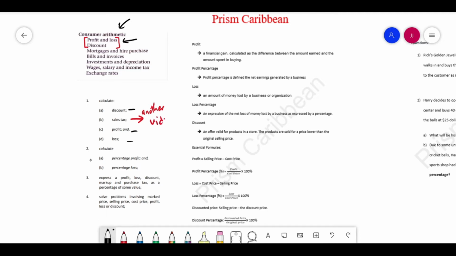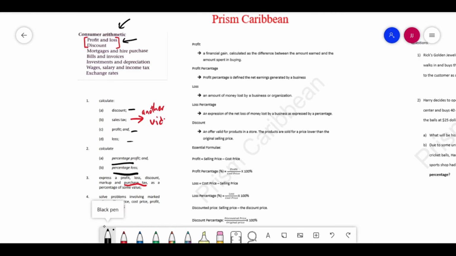Also, you will need to calculate profit percentage and percentage loss, and express a profit, loss, discount, markup, and purchase tax as a percentage of some value. We'll be doing all that with the exception of purchase tax, which will be in another video.